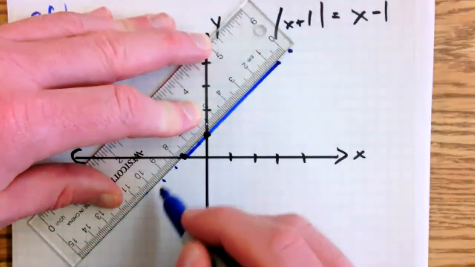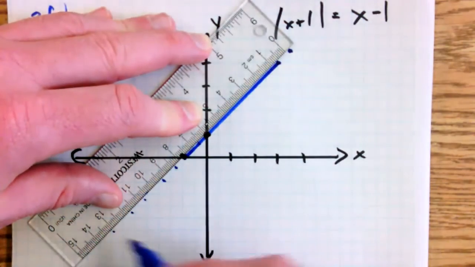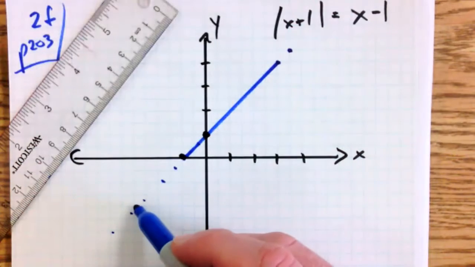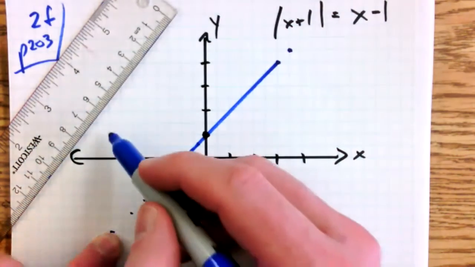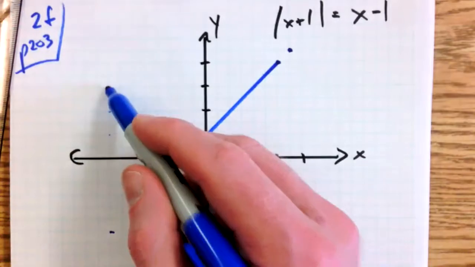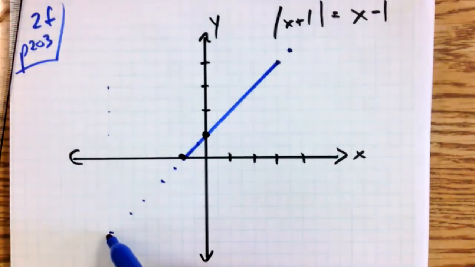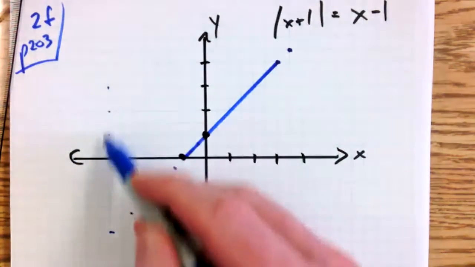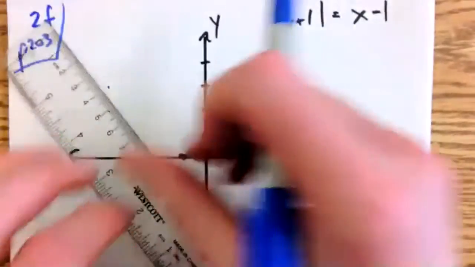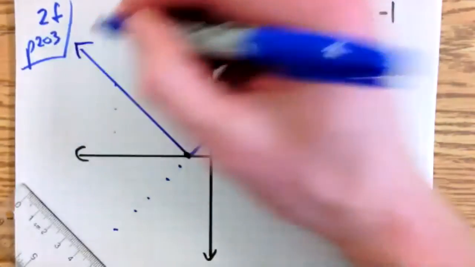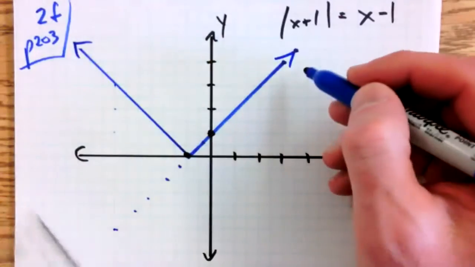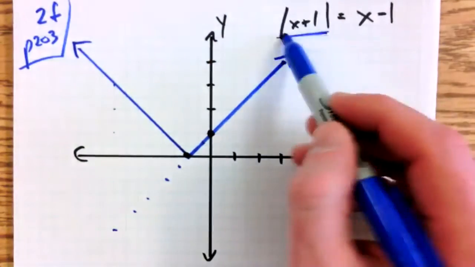Now it's absolute value, so it normally would go down this way to here. So that's 1, 2, 3, 1, 2, 3. Okay, so normally this line would go down to here. I'm just doing the mirror image. It goes 3 down, so I'm just going 3 up from there. So this is the absolute value right here.